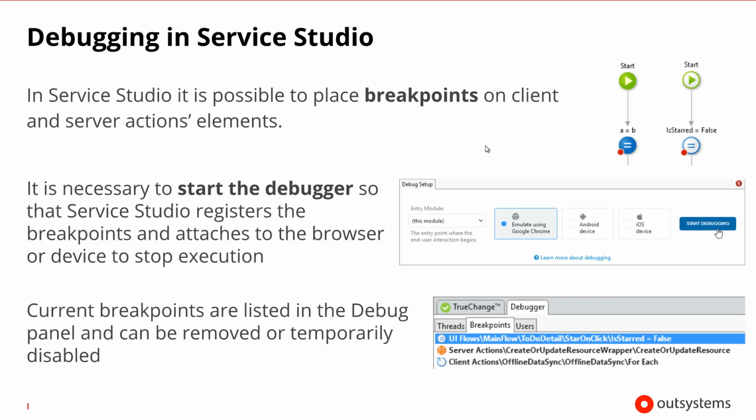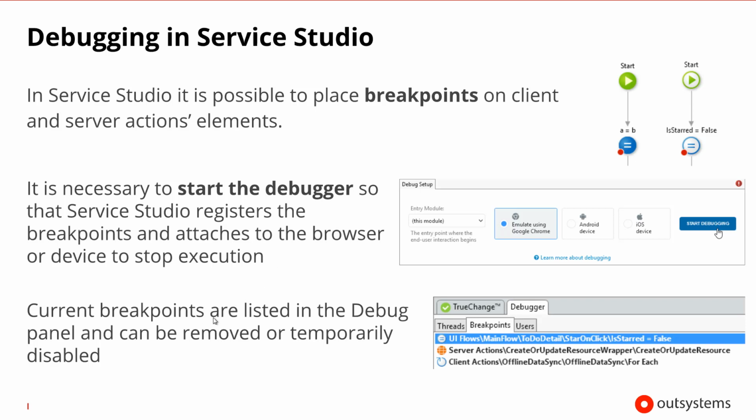For those breakpoints to be active, we have to start the debugger. So in Service Studio, we need to tell it to start debugging, and in that way, Service Studio will start the code and attach the breakpoints to that code so that we'll be able to see what's going on.